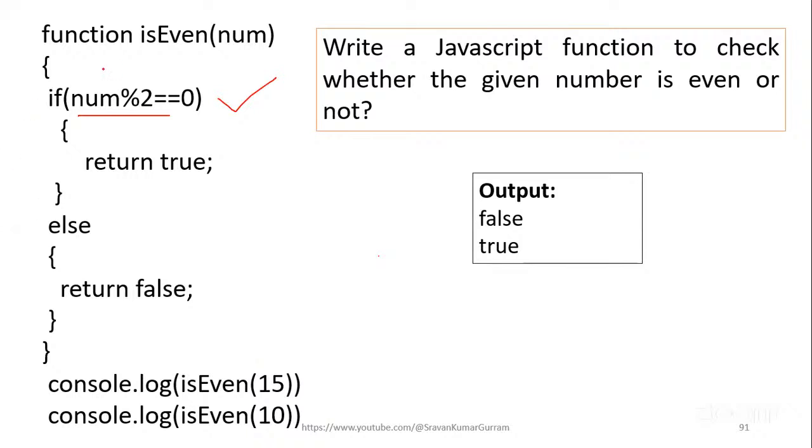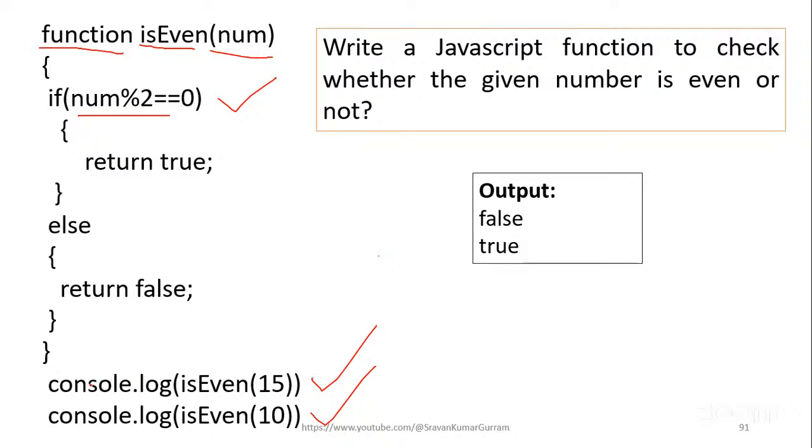Further, I am defining a function with the function keyword. Function name is even. It takes one argument at runtime. See this, we are calling the function with two different values. One is even, one is not even.